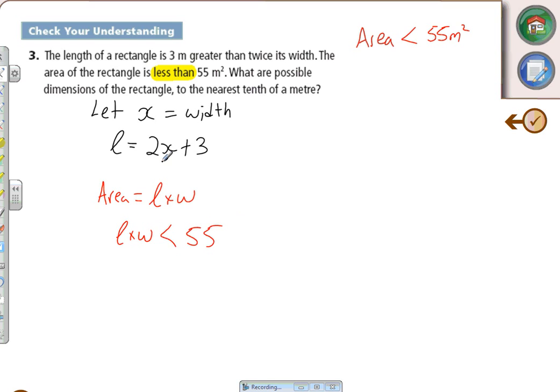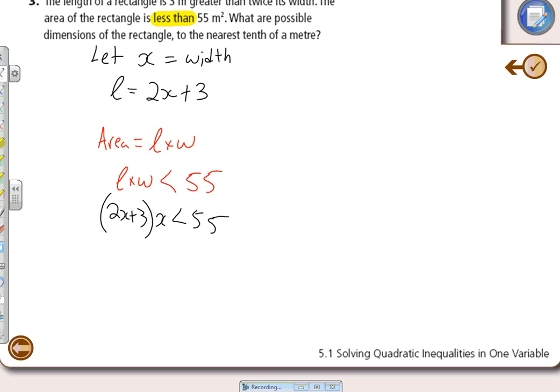The length, which was 2x plus 3, multiplied by the width, which was x, has to be less than 55. Let's expand that. So 2x squared plus 3x has to be less than 55. That's equated to 0. 2x squared plus 3x minus 55 is less than 0.